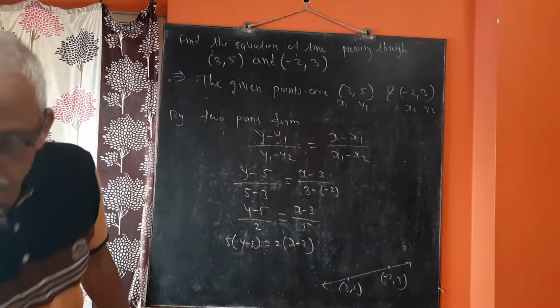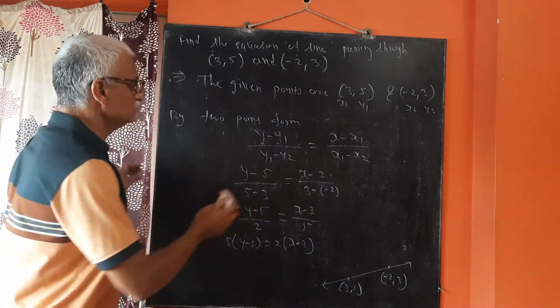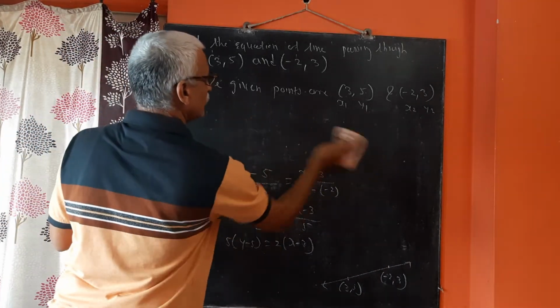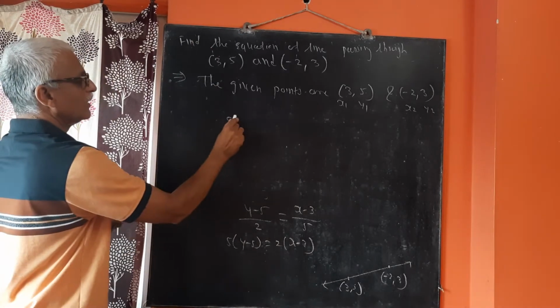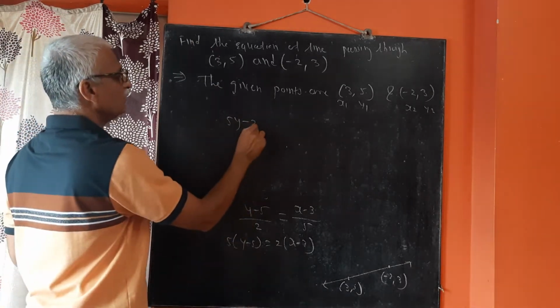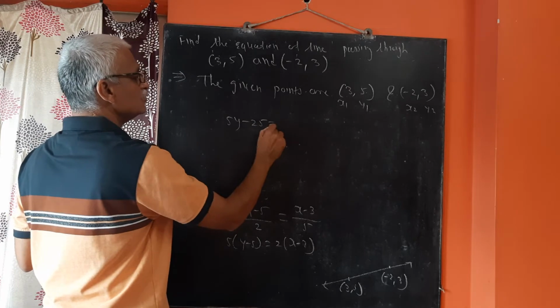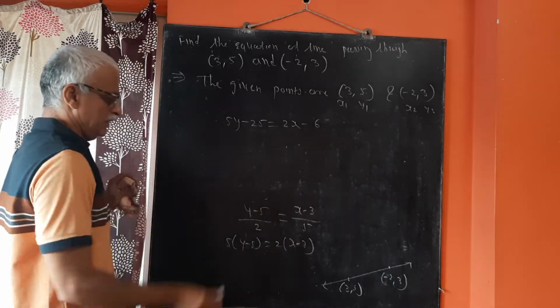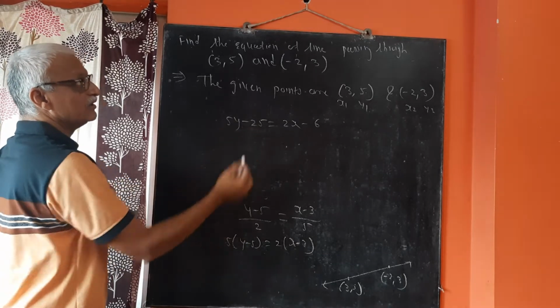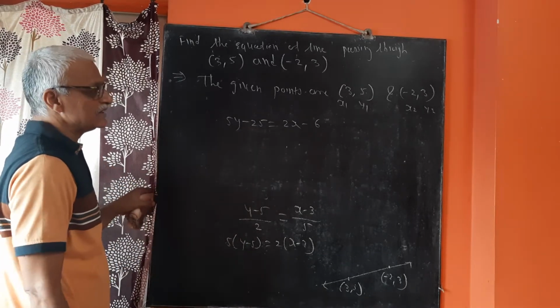If we simplify it, we will get 5y − 25 = 2x − 6.